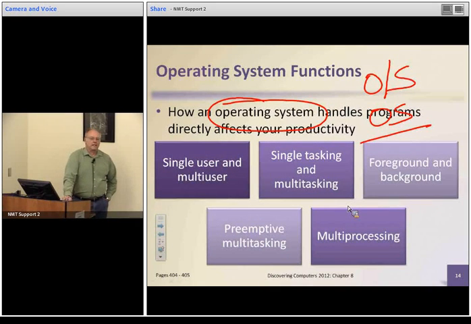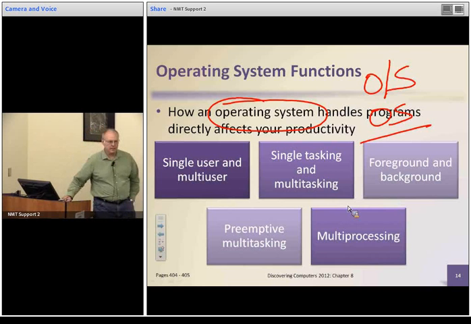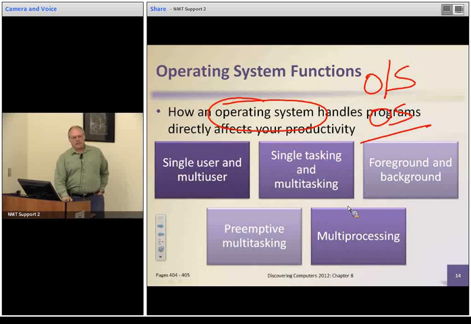The first box says single user and multiple user. Well, your PC at home, PC is personal computer, if you didn't know, is single user usually. That means there's one person talking to the computer, and that's it. Well, of course, when I first started with computers, we didn't have anybody logged in but an operator. And then as we moved along, we started to get terminals hooked to the computer.